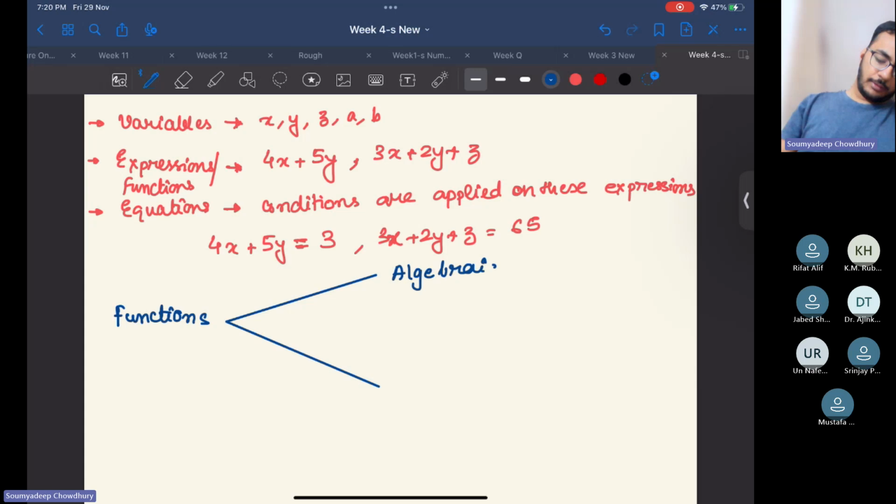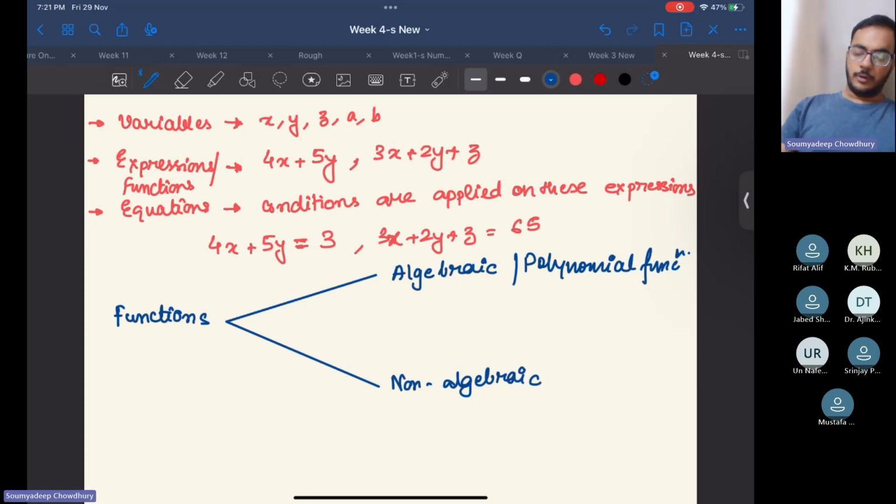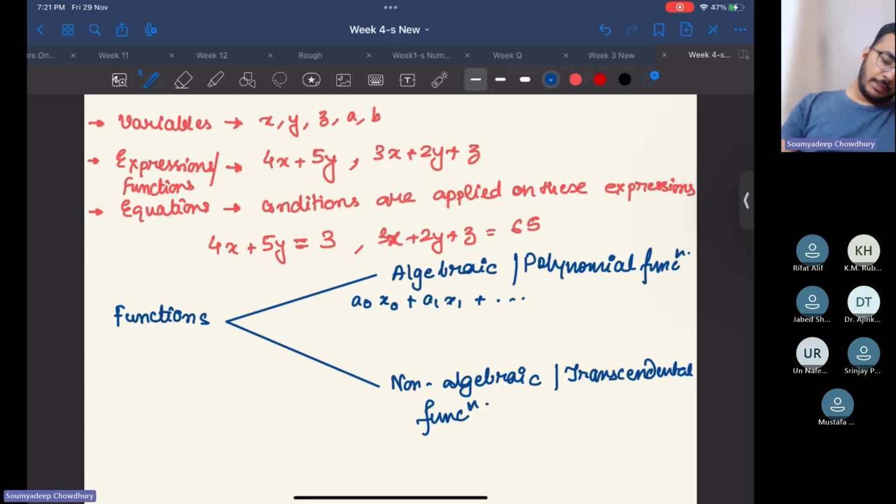Or we can have non-algebraic functions, which are called transcendental functions. Algebraic functions will be of the form a0 x^0 plus a1 x^1 and so on, up to an x to the power n equals some bn. So this is the general form of any algebraic or polynomial function.